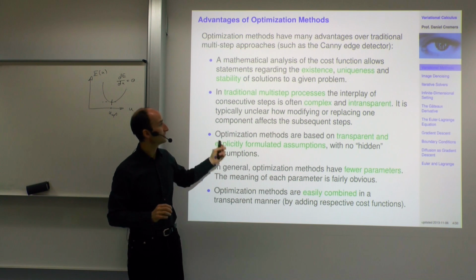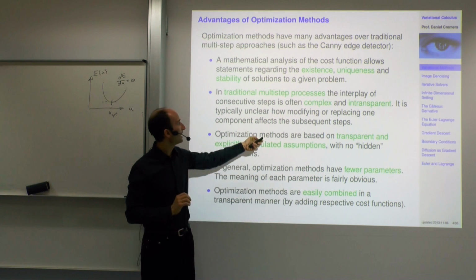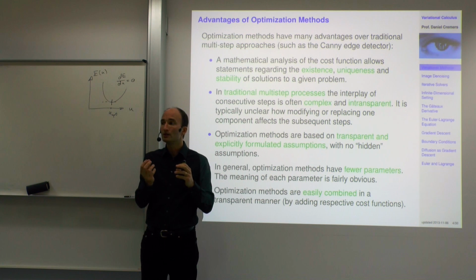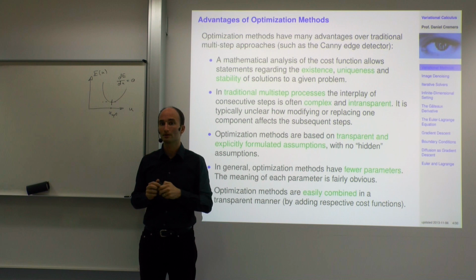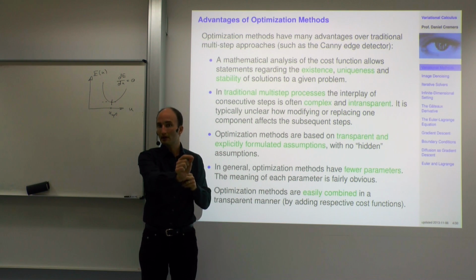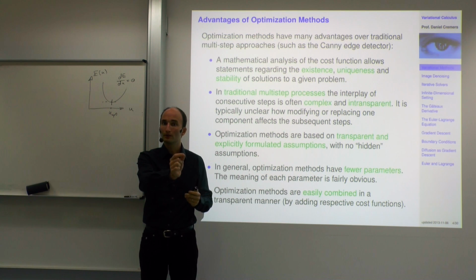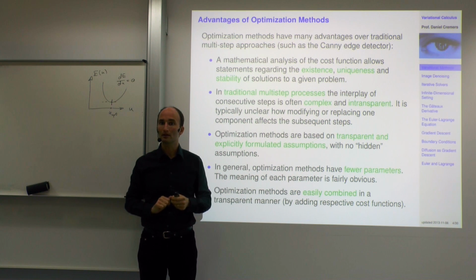But one of the issues is if you have such a multi-step approach, if you change one of the modules or components in the algorithm, you typically have no understanding of what happens to the subsequent modules. If I say, oh, in step 5 of the algorithm that has 10 steps, someone does a threshold with some parameter theta, what if I change the parameter theta?